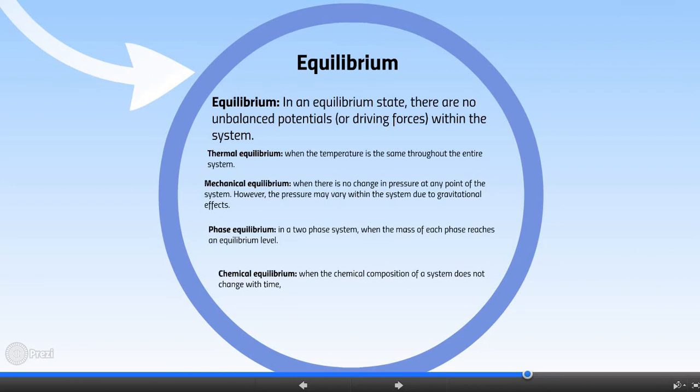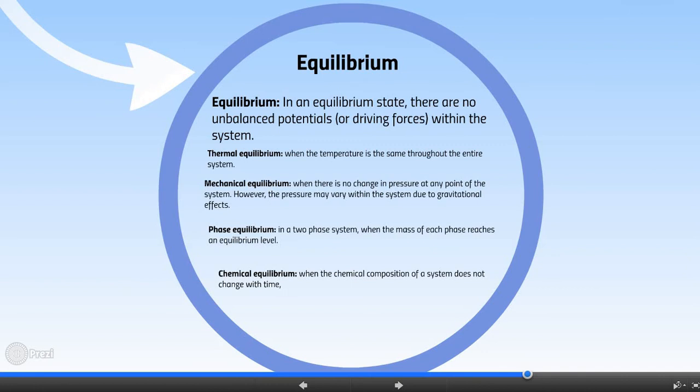For example, a system is in thermal equilibrium if the temperature throughout the entire system does not change and remains unchanged. It is known as thermal equilibrium.